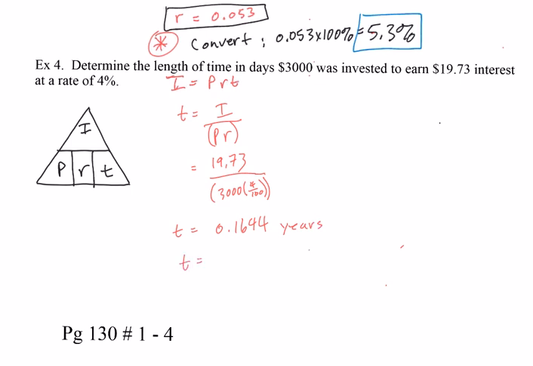T is equal to 0.1644 years. And then we use the fact that there are 365 days in 1 year. Calculate that, and that immediately turns our final answer into approximately 60 days.